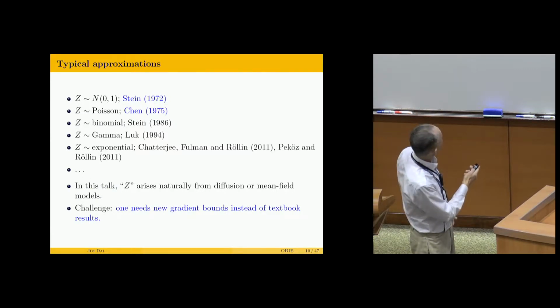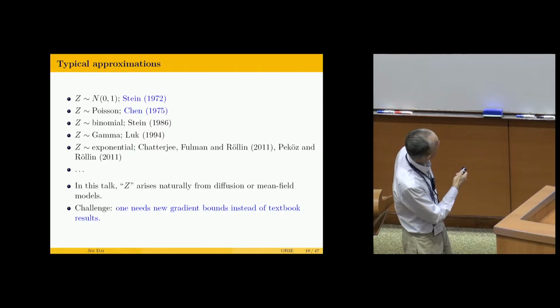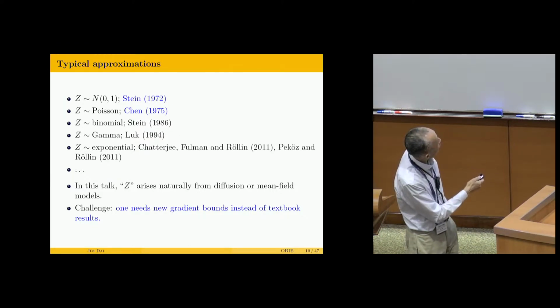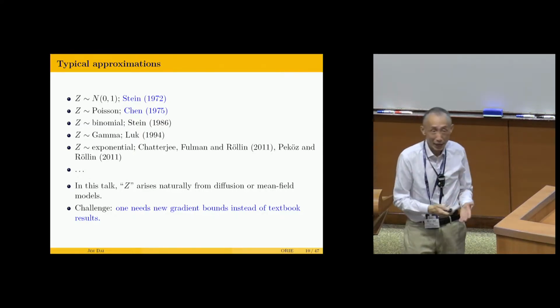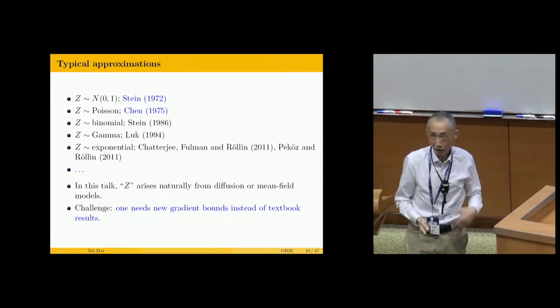I think people have seen this slide already. So let me be clear here. In this talk, the limit process, sometimes in early slides I used Y, on this slide it was Z. Z arises naturally from diffusion limits of mean field models. There is now a very active group of people working on mean field models.